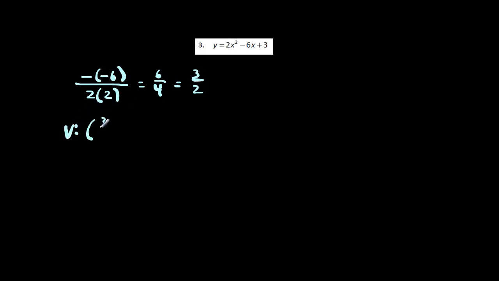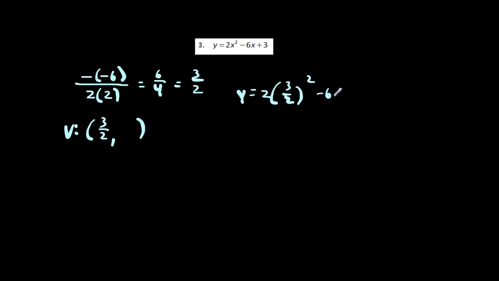Same thing on this one. Opposite of b over 2a, 6 over 4, which reduces to 3 halves. So that's my x-coordinate of the vertex. So we're going to plug in 3 halves for x.